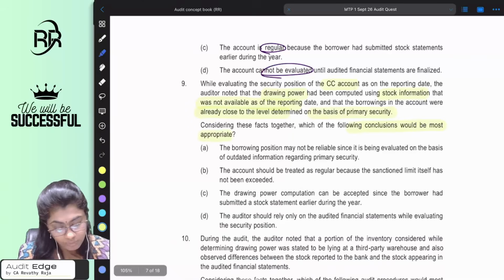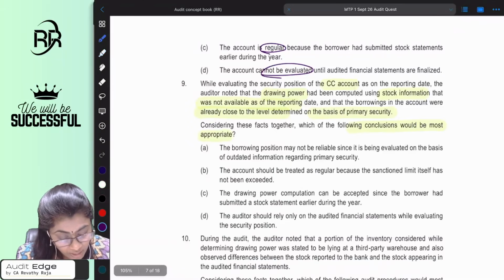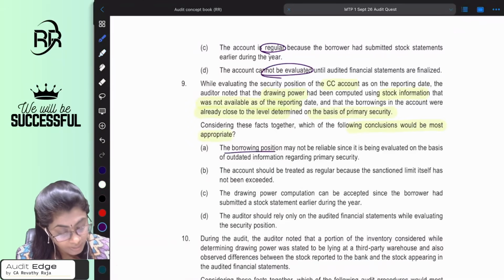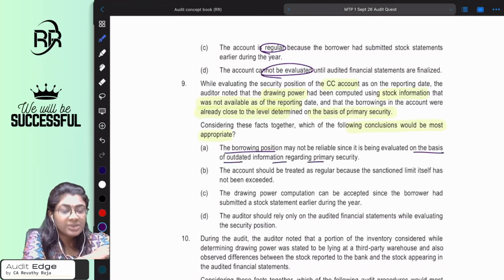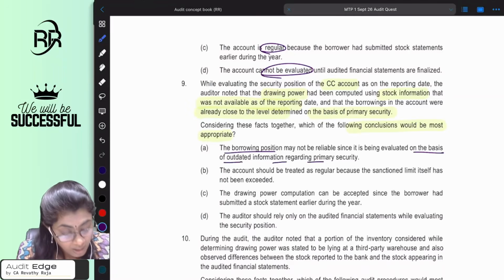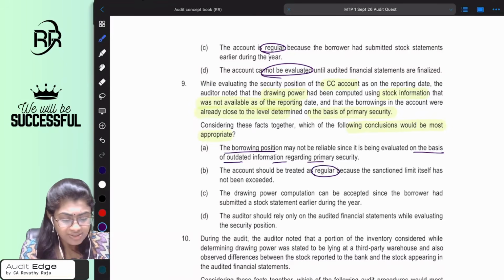Okay, so tell me which is the correct answer. The borrowing position may not be reliable since it is being evaluated on the basis of outdated information regarding primary security. Account should be treated as regular because the sanction limit itself is not exceeded.